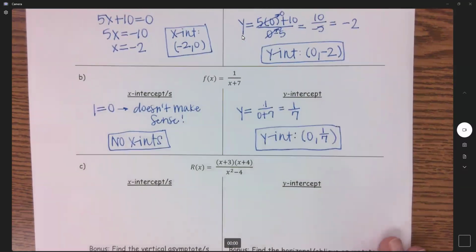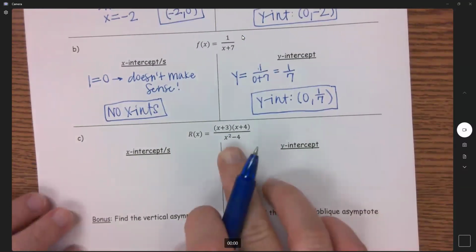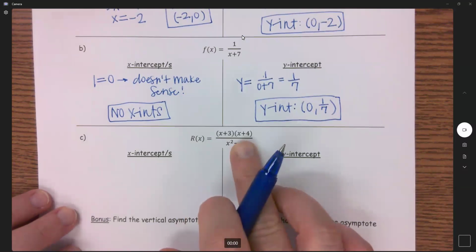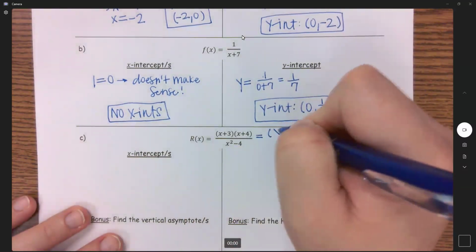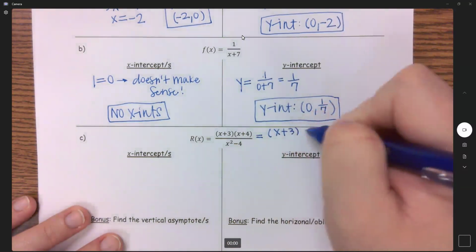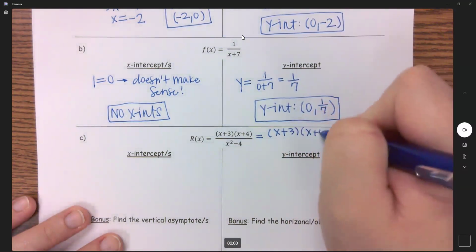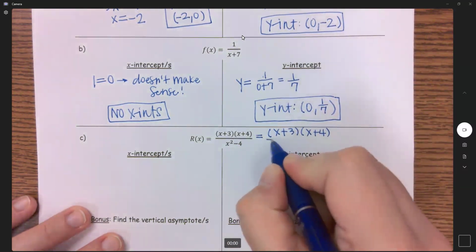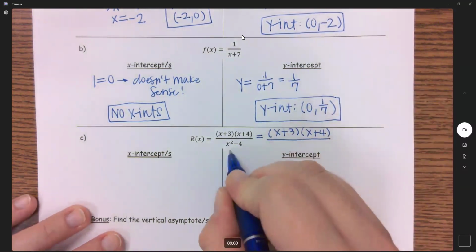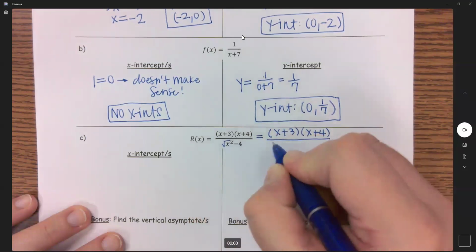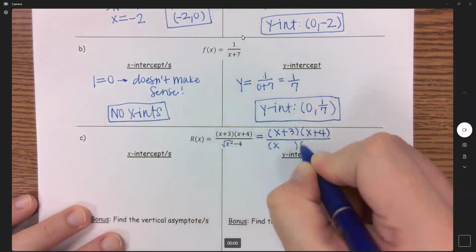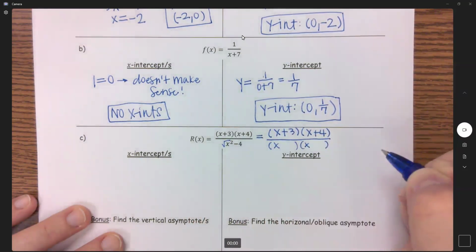Okay, and then lastly here in part C, the top is already factored for us, the bottom is not. I'm going to rewrite the top. And then the bottom is the difference of squares. So the square root of x squared is x.